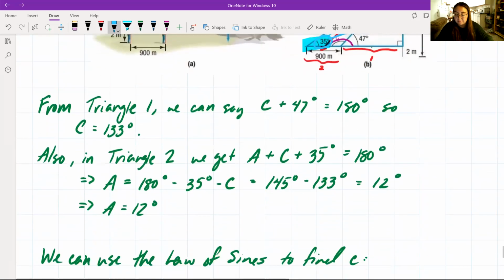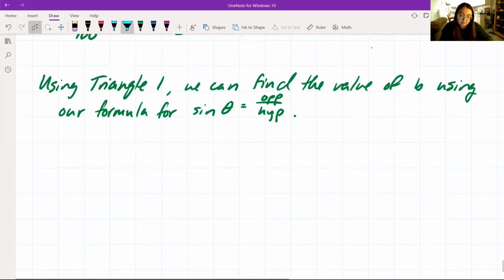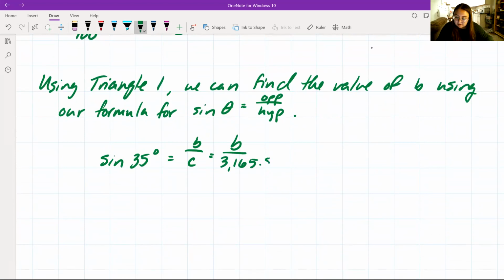We're using this angle here. So sine of 35 degrees is equal to B over 3,165.86.